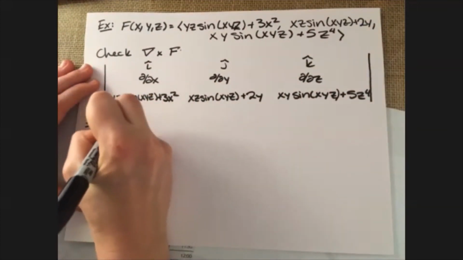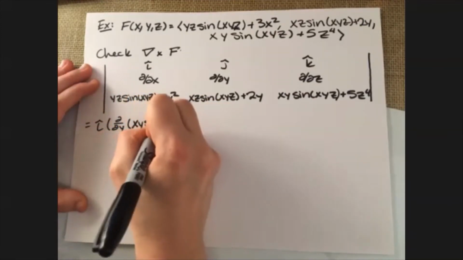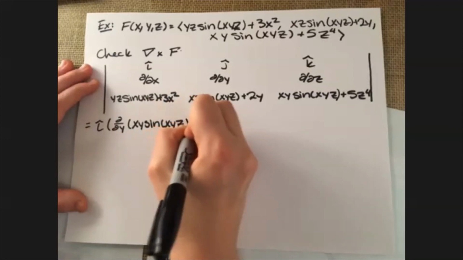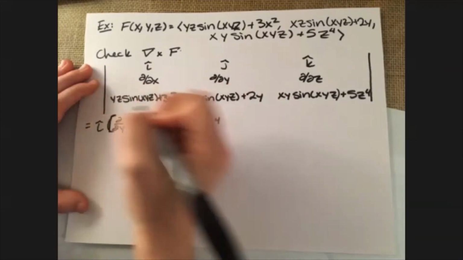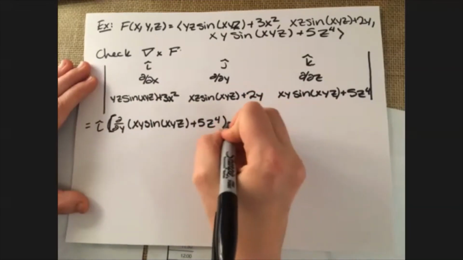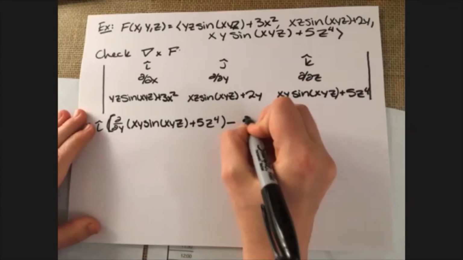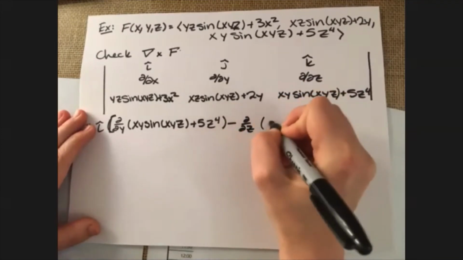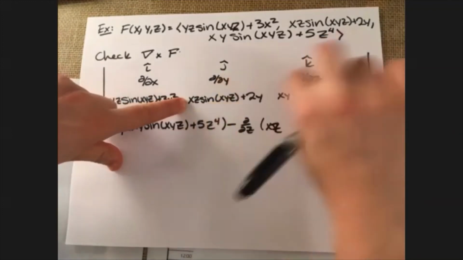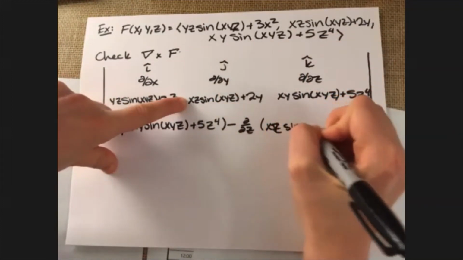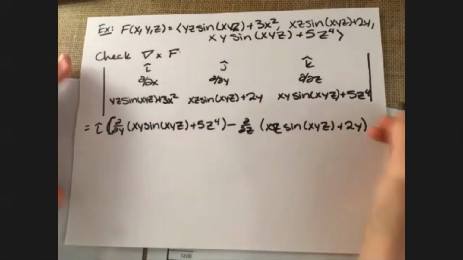So, and then minus partial with respect to z of xz, because now I'm looking at this right here, sine of xyz plus 2y.